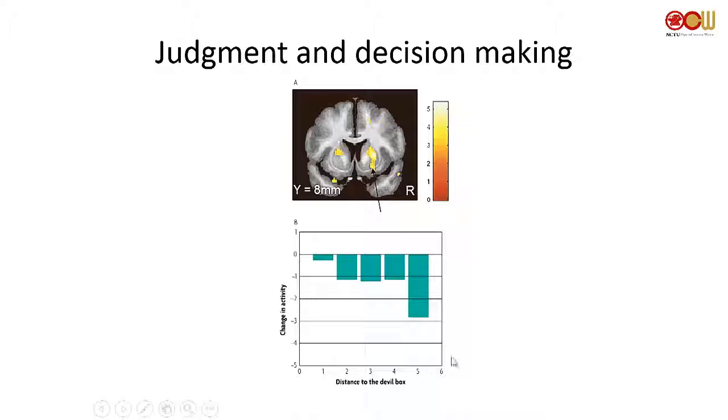Basically, the longer the distance between the devil and your last gold, the more regretful you feel. So the horizontal axis here denotes how regretful you are. And the vertical axis here denotes the change in activity in your putamen. Okay, putamen is a structure in your brain.